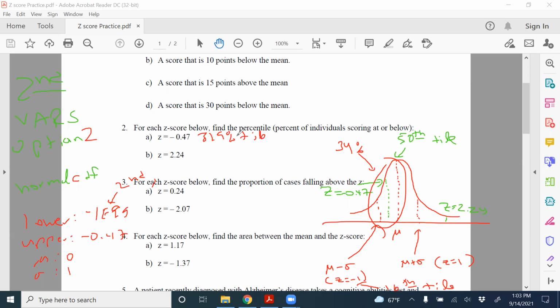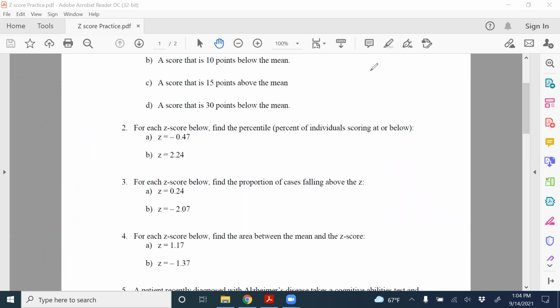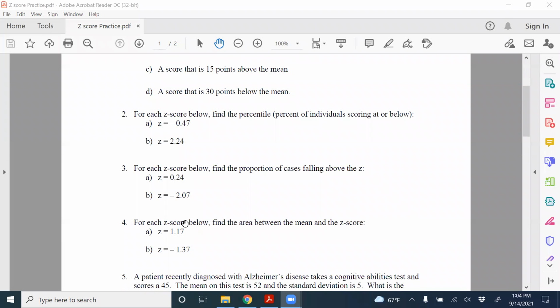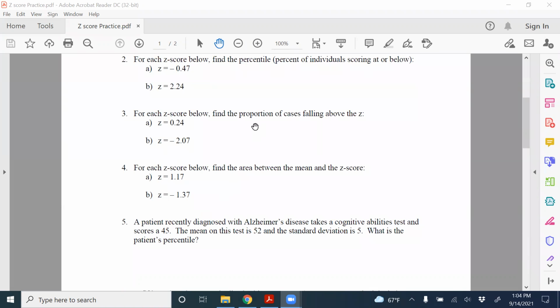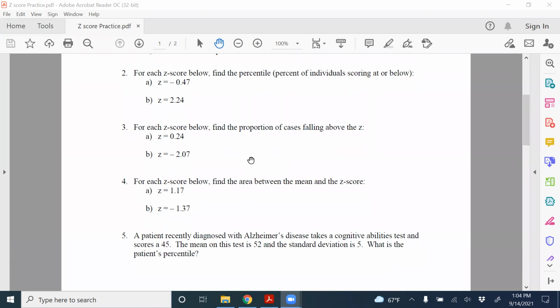And if I do it again for 2.24, I get 98.7 percentile. So that's all you're doing. So you guys can totally now do this for the other ones. Now for 3 and 4, that's to find the portion of cases falling above the z.